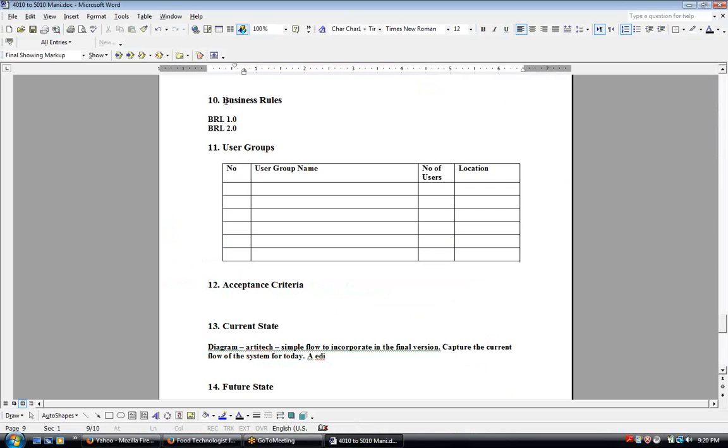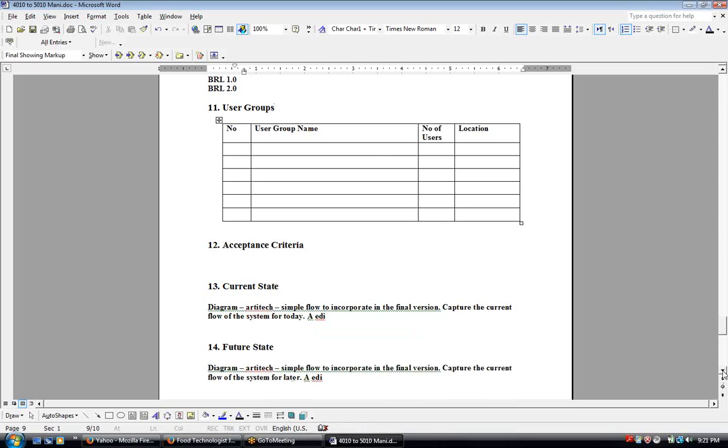Go on. Yeah. So that was about the business rules and the user groups. I think these are all the user groups within the business, like who is working on the document, I believe.